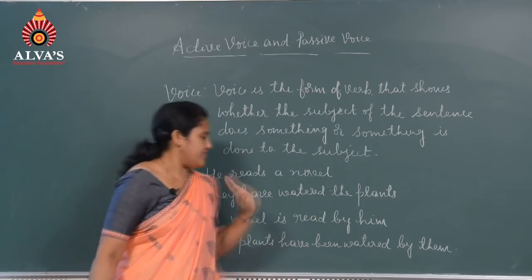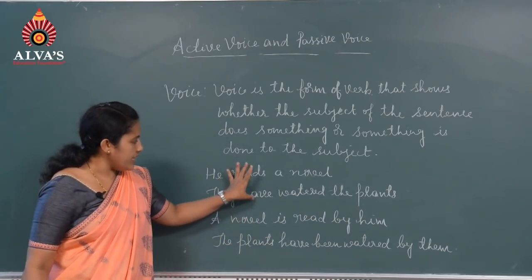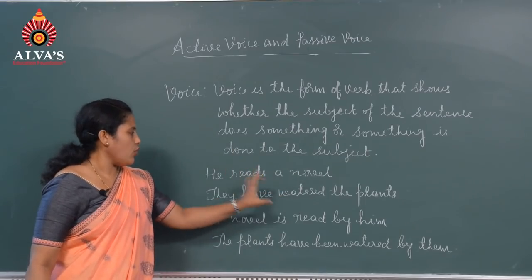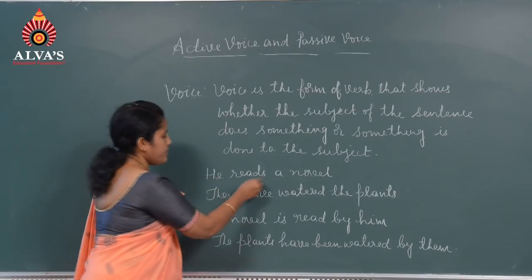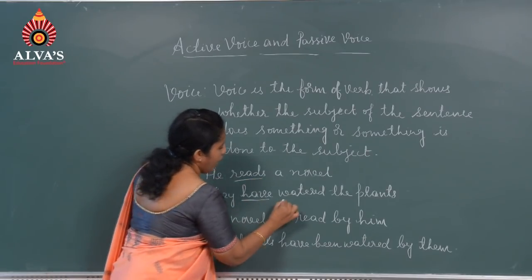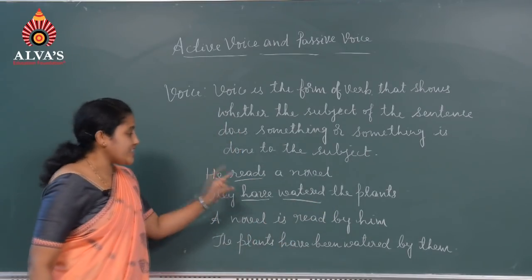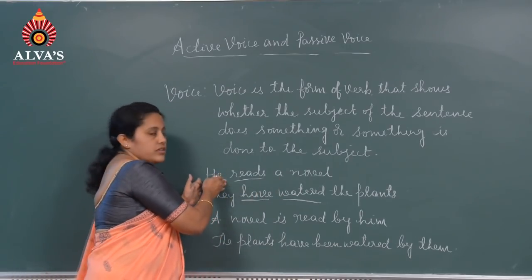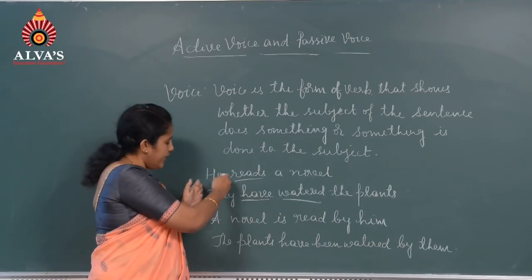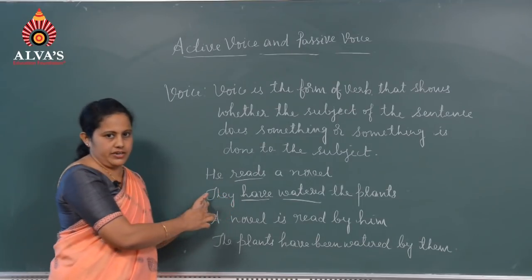Say in those sentences, if you observe these first two sentences, he reads a novel, they have watered the plants. In these two sentences, the verbs reads and have watered express the action done by the subject, he and they respectively.